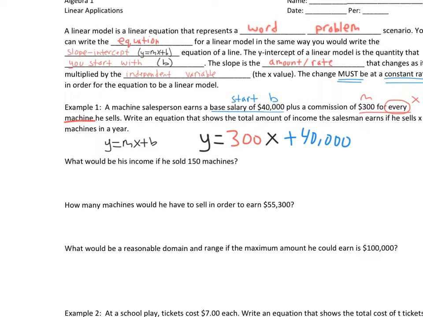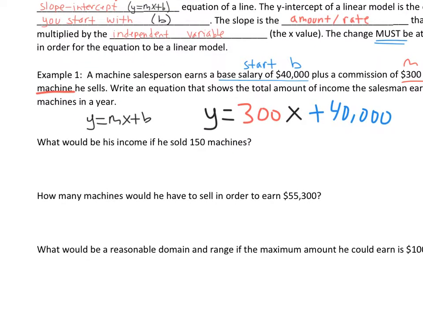Now, what would be his income if he sold 150 machines? All right, so you just plug in 150 for the machines variable. Which one stands for machines? Well, that is the x. So you just plug that in for the x. So y is equal to 300 times 150 plus 40,000.